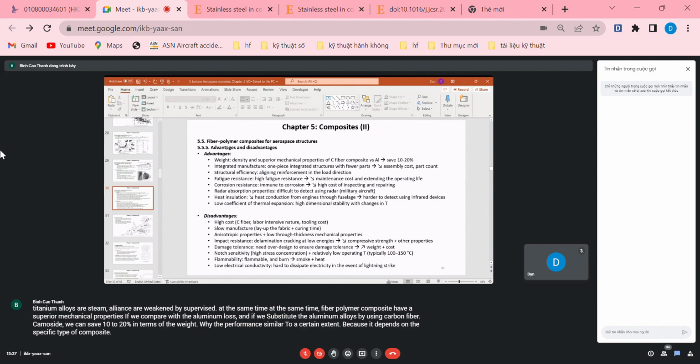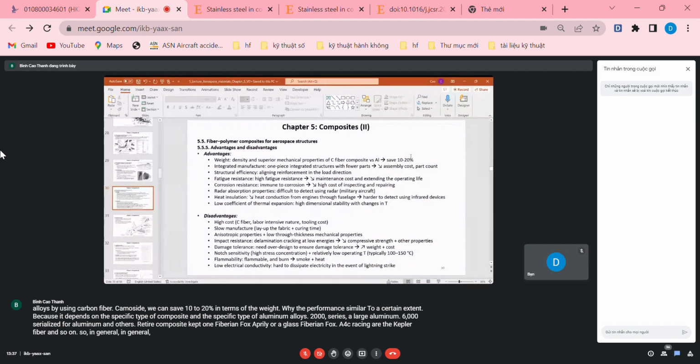It depends on the specific type of composite and the specific type of aluminum alloys. 2000 series alloy for aluminum, 6000 series alloys for aluminum, and others. Which type of composite? Carbon fiber reinforced epoxy, or glass fiber reinforced epoxy resin, or the Kevlar fiber, and so on.